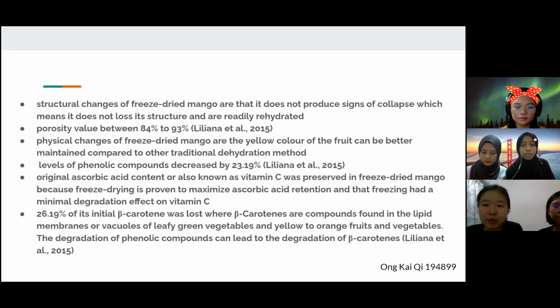The phenolic compounds will be decreased by 23.19%, which eventually affects the beta-carotene degradation, causing a 26.19% reduction. Besides, the ascorbic acid content, which is vitamin C, is preserved in freeze-dried mango, because journals have proven that freeze drying can maximize ascorbic acid retention.